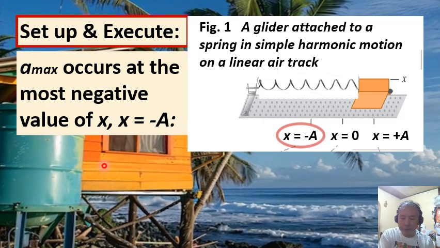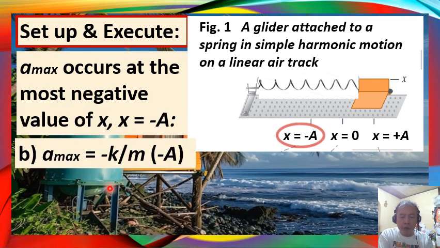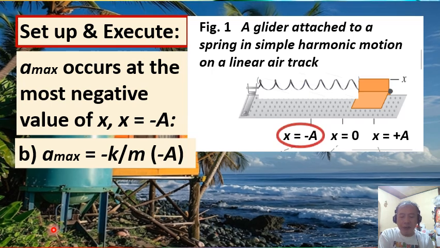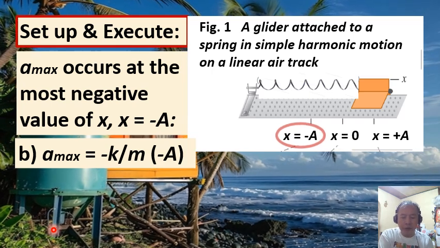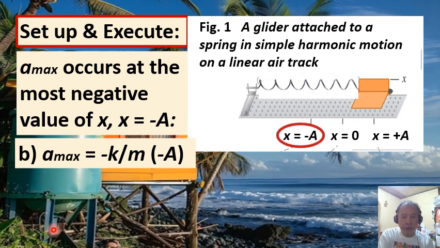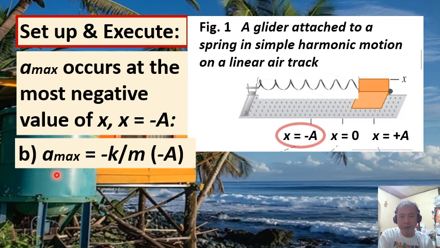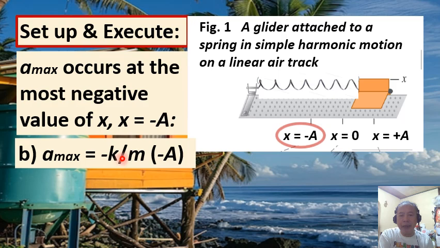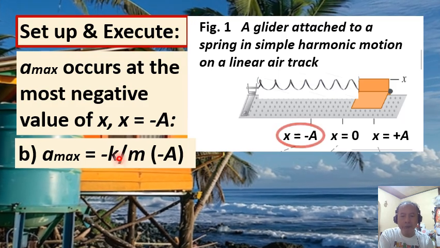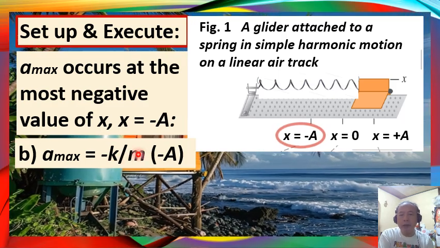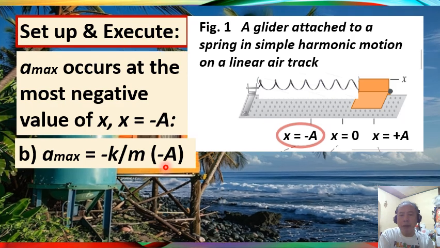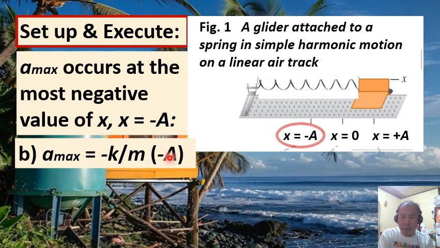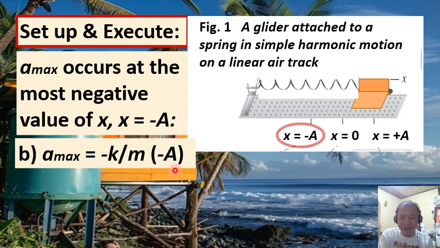So to compute the maximum acceleration being asked in part B, we use the formula A max equals negative K over M, and that will be multiplied by the value negative capital A, right?